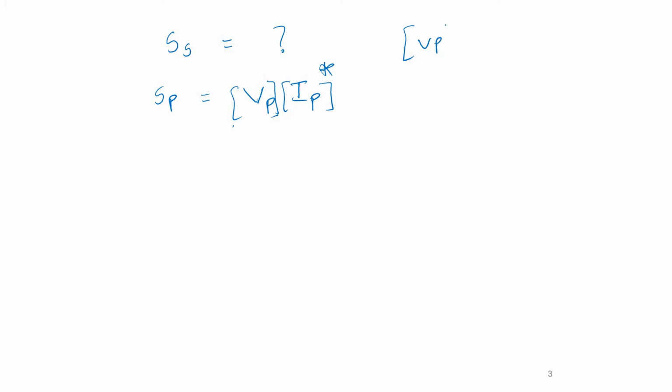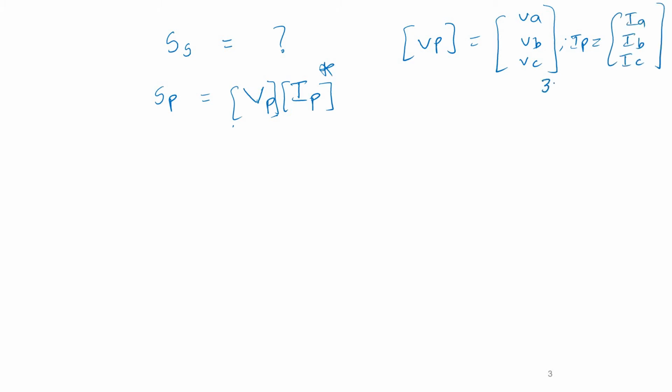The vector V suffix P is a column vector of the ABC phases, and similarly the current vector is also represented as IA, IB and IC. So what is the size of the matrix? This is a 3x1 matrix and this is also a 3x1 matrix.